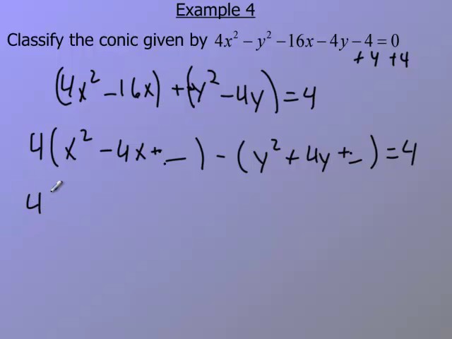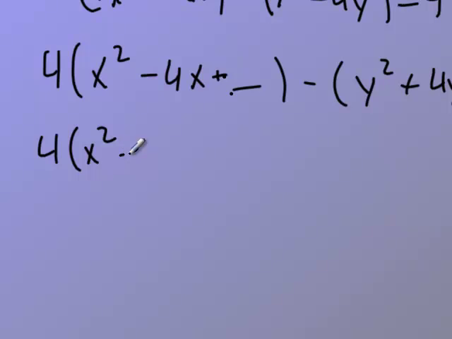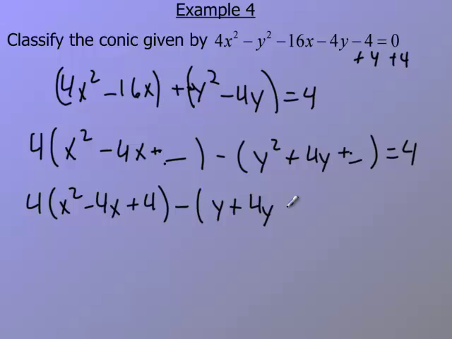So I'll have 4 times x squared minus 4x, so -4 divided by 2, and then square that, it's going to give us positive 4, and then minus y squared plus 4y, and then again this is going to give us 4 equals 4.